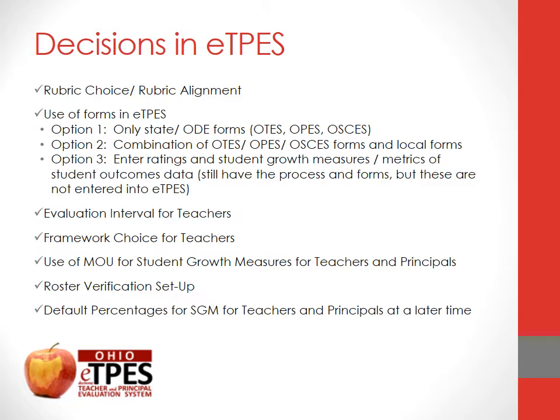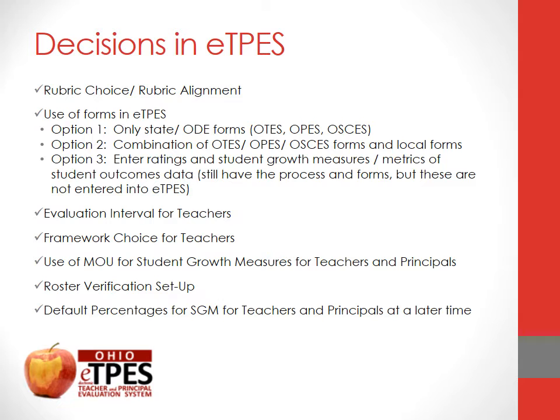The superintendent or designee will enter what the district has determined regarding the use of forms in eTPES, whether that will be option 1, where only state and Ohio Department of Education forms are used, or option 2, where a combination of state and local forms are used, or option 3, where only ratings and the student growth measures or metrics of student outcomes data are entered.